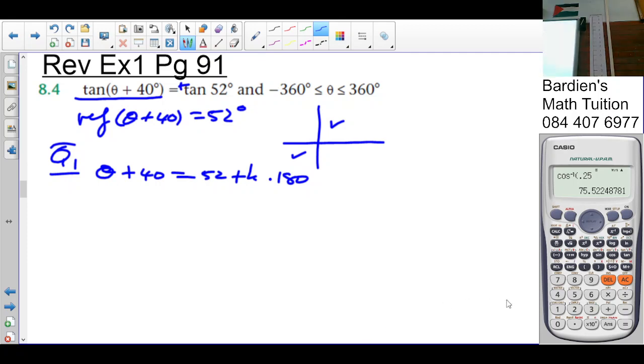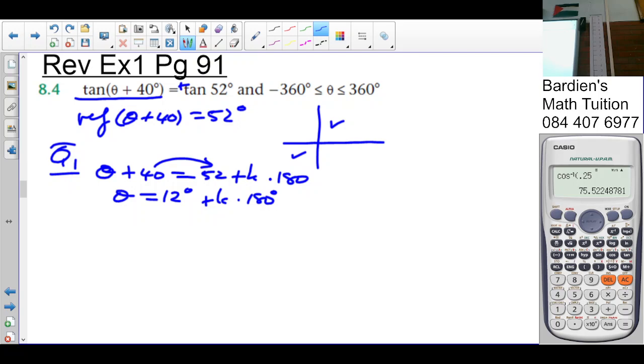So k times 180. So we take it over, it becomes theta equals 52 minus 40 is going to be 12 degrees plus k times 180. Not so. Now you can go into quadrant 3 as well, but your tan will have a repeated solution. Okay?